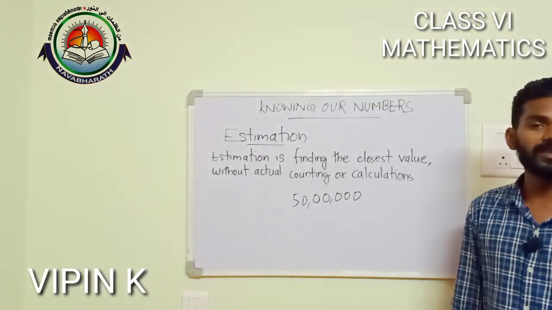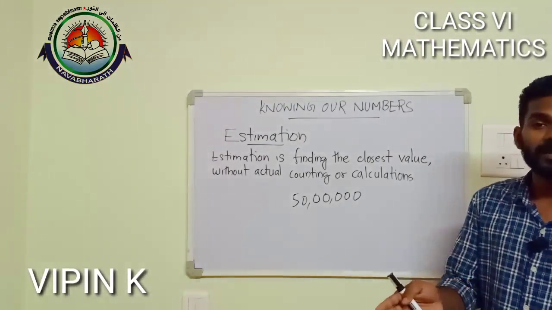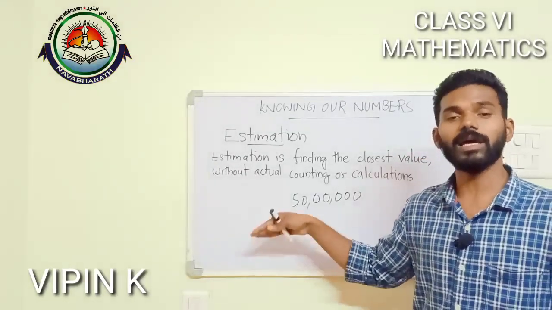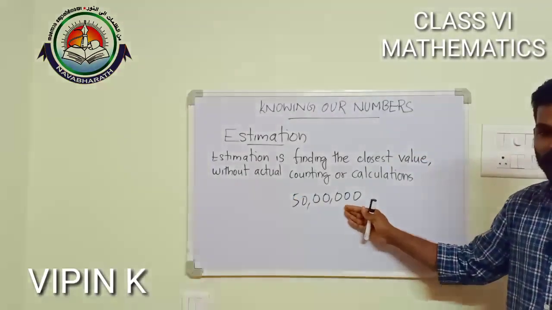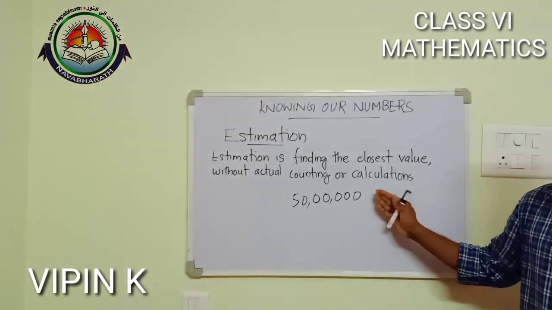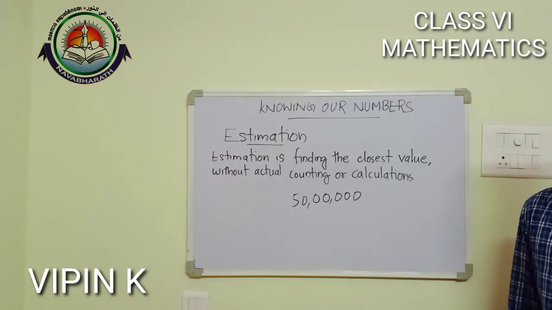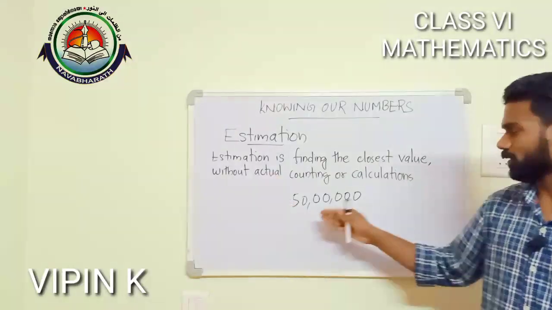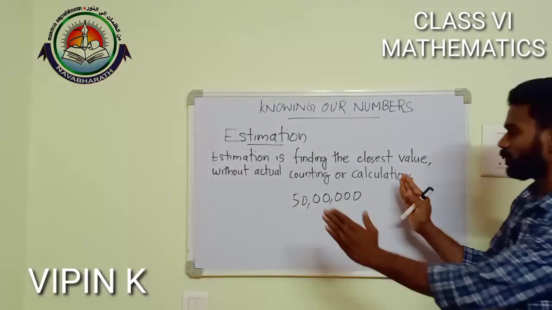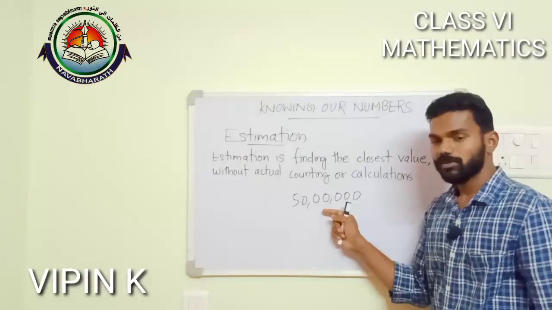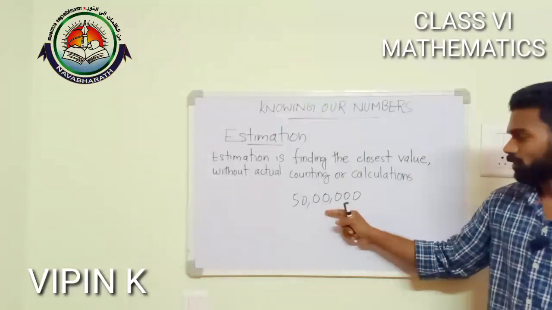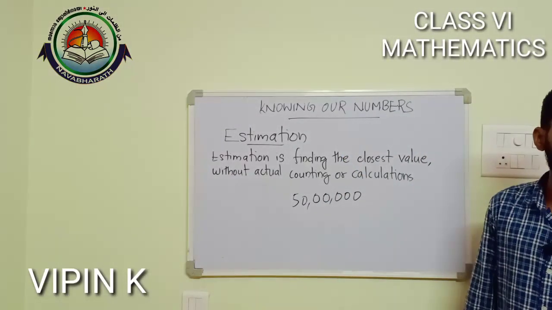What does it mean? Your actual cost may be less than this value, and it can also be a little bit greater than this value. Anyway, whether it is lesser or greater, it must be closest to this value. It must be closest to the value 50 lakh.